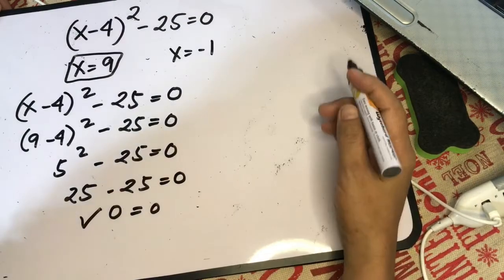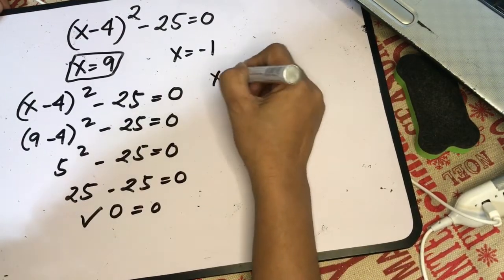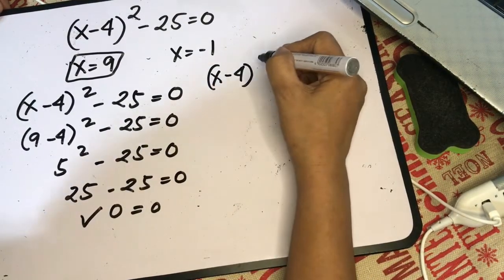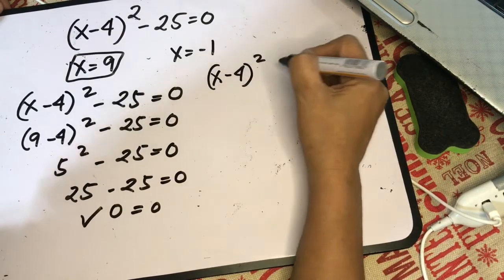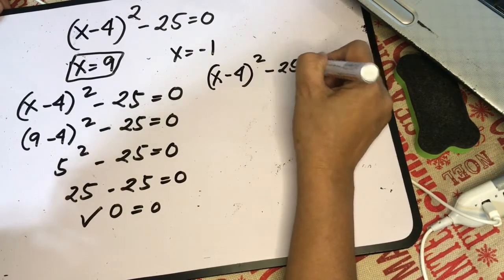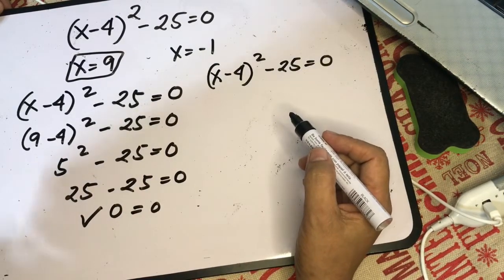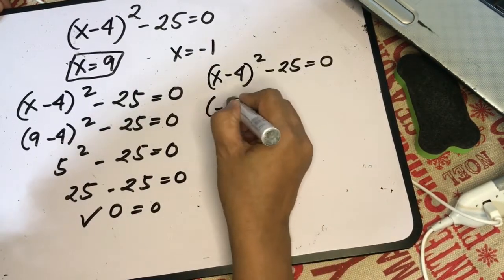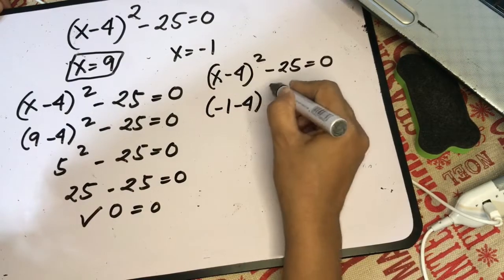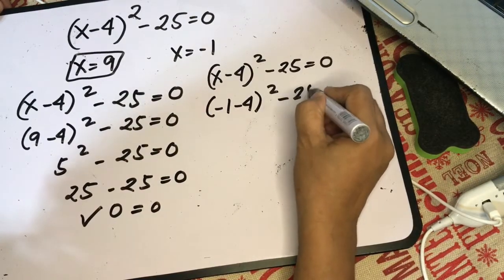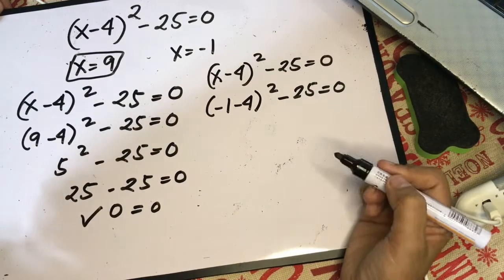Now, what about x equals negative 1? Again, from the original equation, x minus 4 times quantity squared minus 25 is equal to 0. Again, what is the value of x? Negative 1. So, we have negative 1 minus 4 times the quantity squared minus 25 is equal to 0.